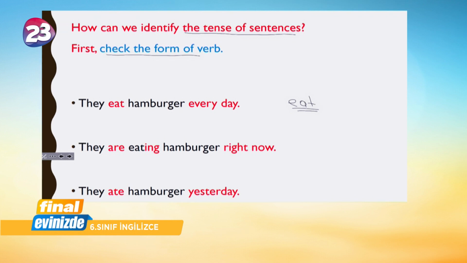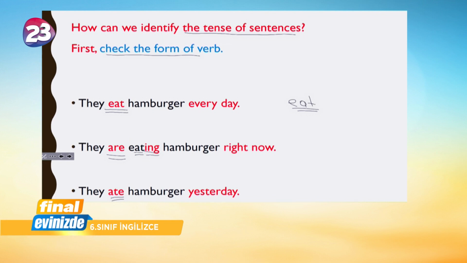Let's check together. In the first sentence, as you see, eat is in base form. In the second sentence, base form plus ing and it is used with are. And in the last sentence, as you see, eat is used as second form, past form.